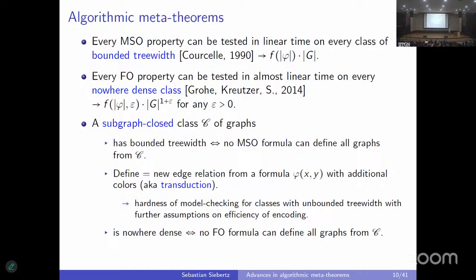So again, we immediately get hardness of model checking if the class is somewhere dense, not nowhere dense. This is for subgraph-closed classes, for example, which are sparse graph classes. For sparse graph classes, this algorithmic theory is essentially complete. We know we can have MSO on bounded tree-width graphs, FO on nowhere dense graphs, and we are there.